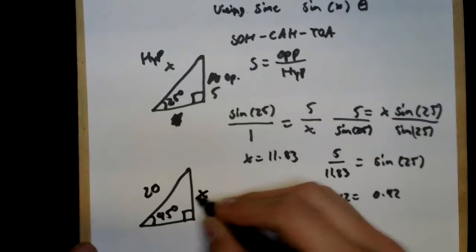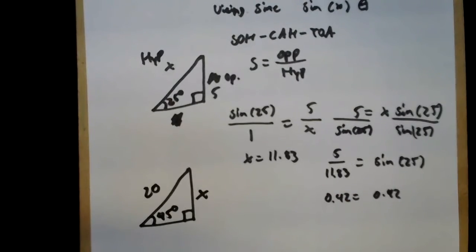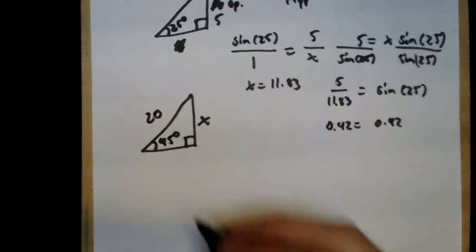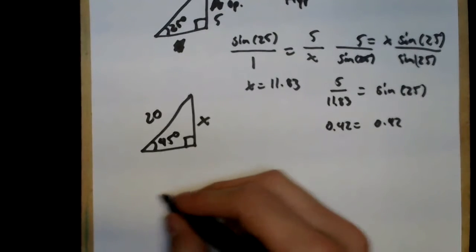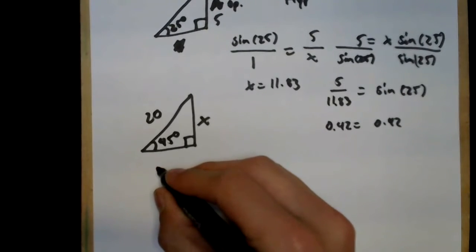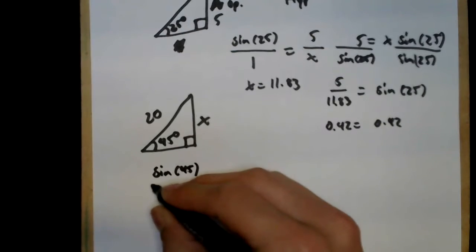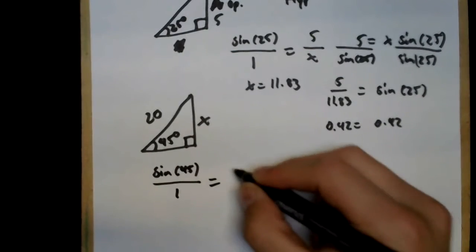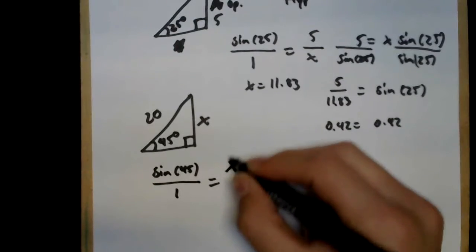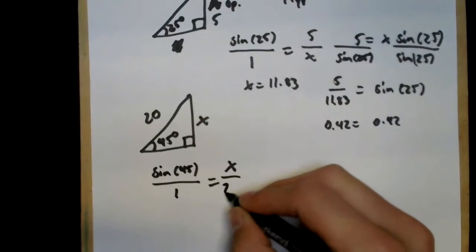And we're trying to find this. So, once again, you'll set up your proportional relationship. You do sine of the given angle over 1 equals your opposite, which is x, over 20.